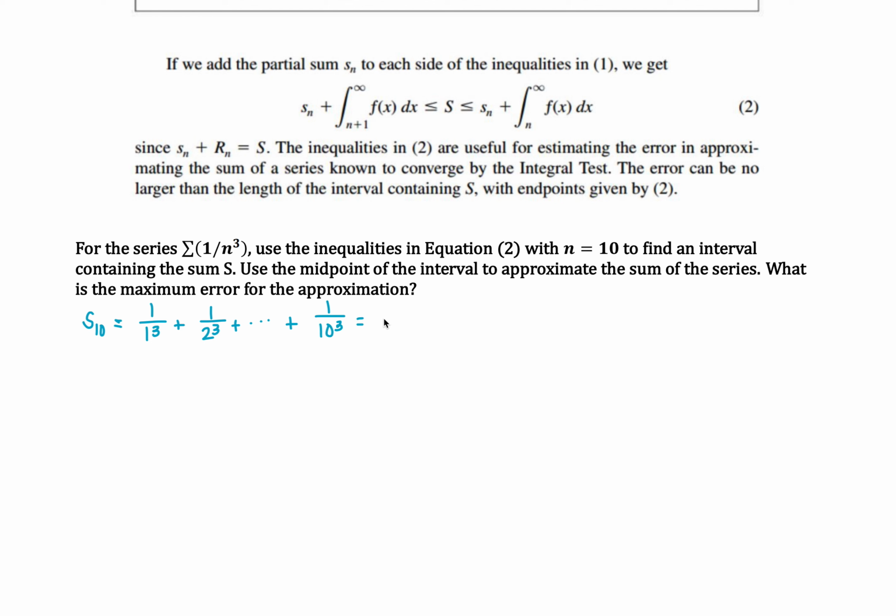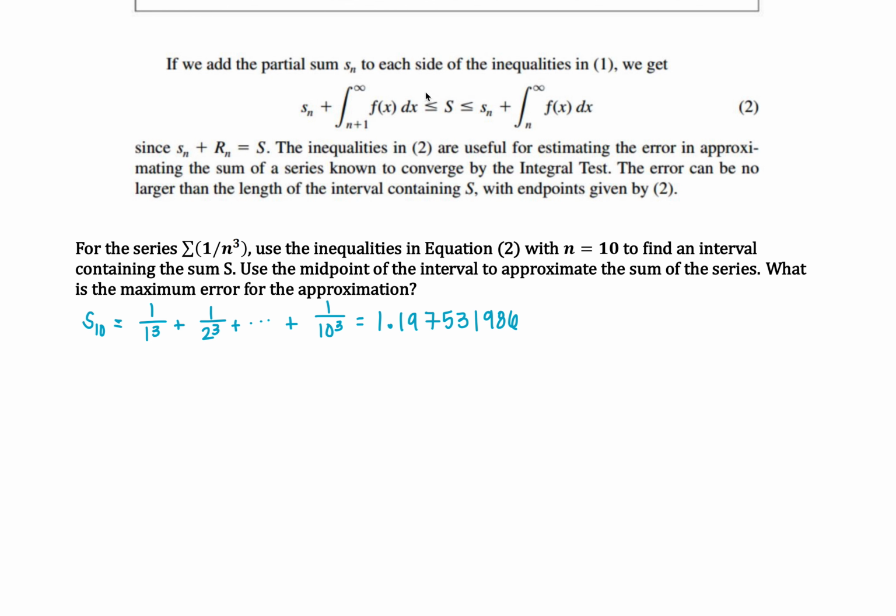And if you work this out to a whole bunch of decimal places, so technically this is not equals, it's an approximation, but I've got 1.197531986. So that's the first thing that I'm going to need.